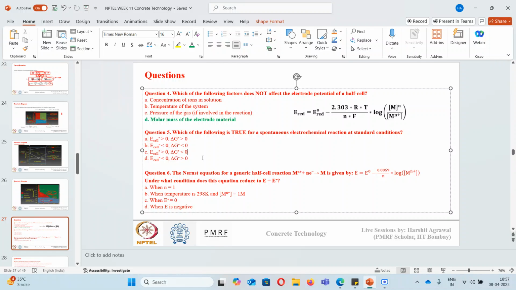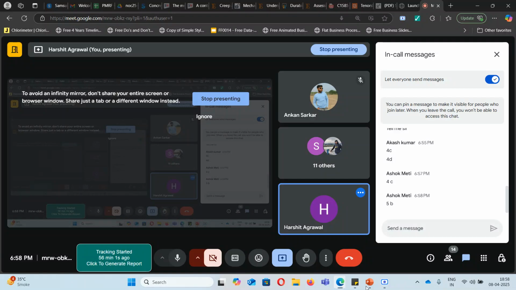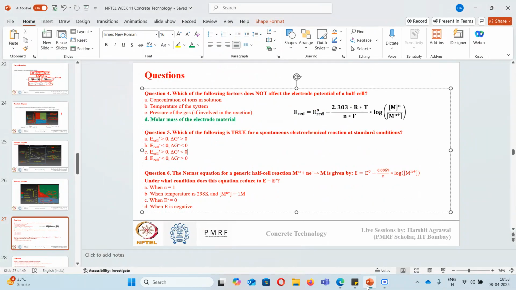So, can anyone tell me what will be the answer for question number 5? Okay, so the correct answer for question number 5 will be C.